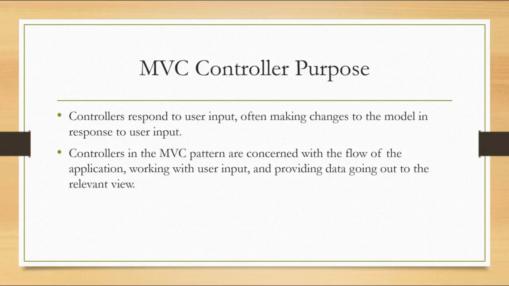Notice, if you remember, views don't talk to other views even. Views only take responses from the controller. So the controller is the traffic cop here that determines the flow of the application, uses user input, and provides data going to the relevant view.